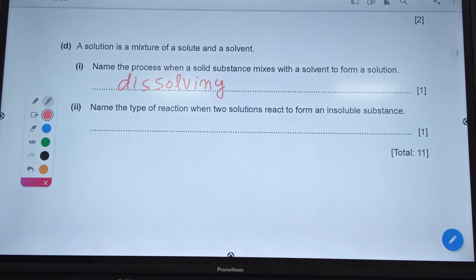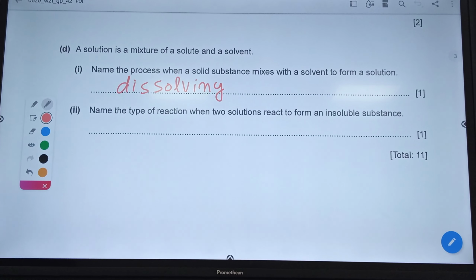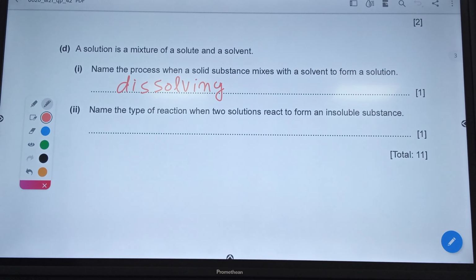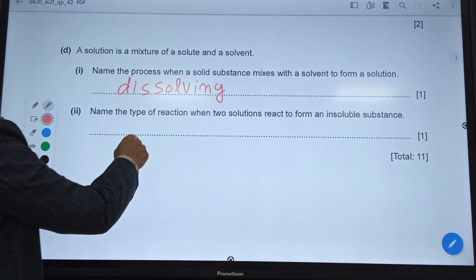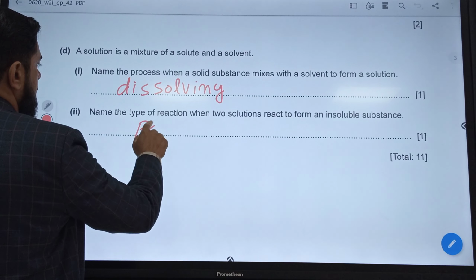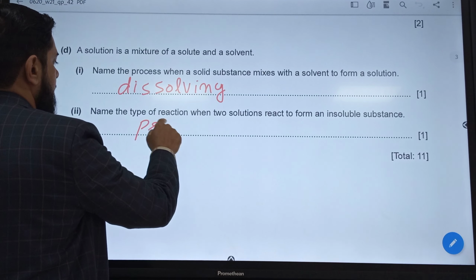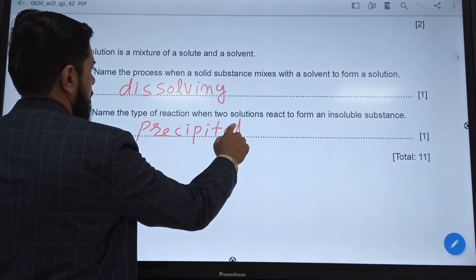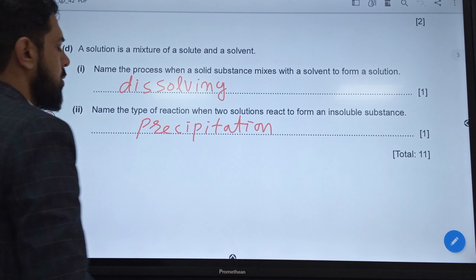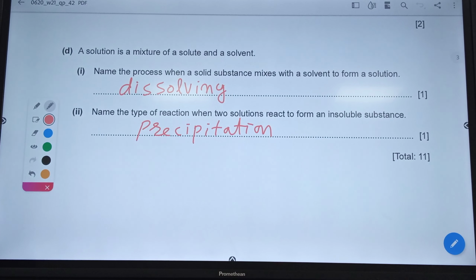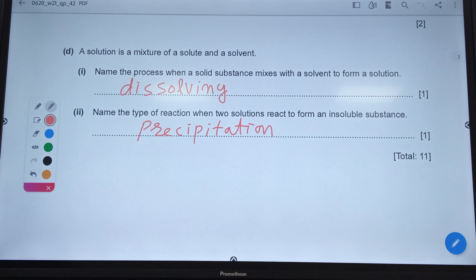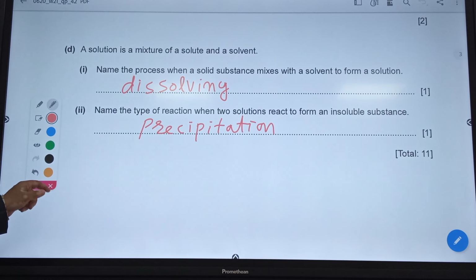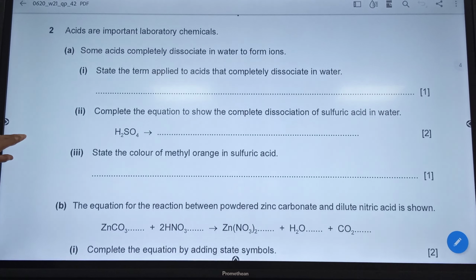Next, name the type of reaction when two solutions react to form an insoluble substance. So this is precipitation. Whenever we mix two solutions, and as a result we get one soluble and one insoluble, this is called precipitation.